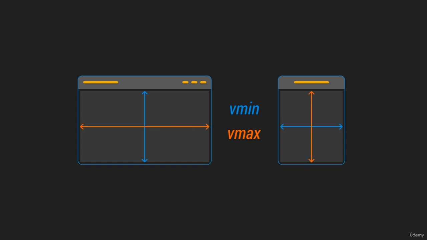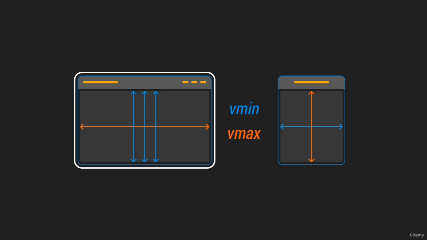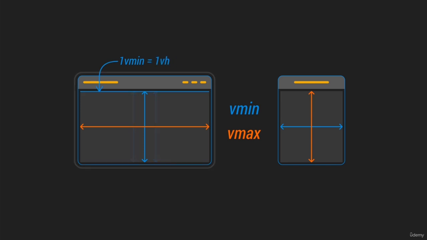In Vmin, if the viewport height, that is the browser's height, is smaller than its width, the value of 1 Vmin will be equal to 1% of the viewport height. Similarly, if the viewport width is smaller than the height, the value of 1 Vmin will be equal to 1% of the viewport width.